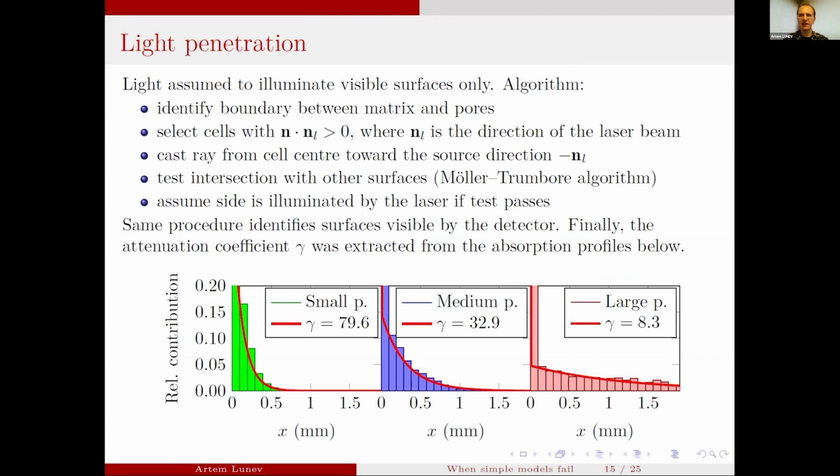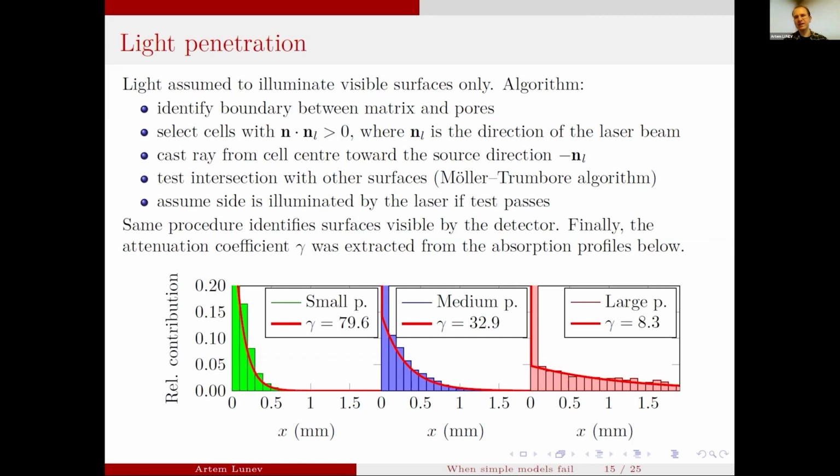Then you select the cells where the dot product between the direction of the laser beam and the normal to the surface of the face is positive. You cast a ray from the cell center towards the source direction, and you test the intersection of this ray with other surfaces using the Möller-Trumbore algorithm. So you assume that the side is illuminated if this test passes.